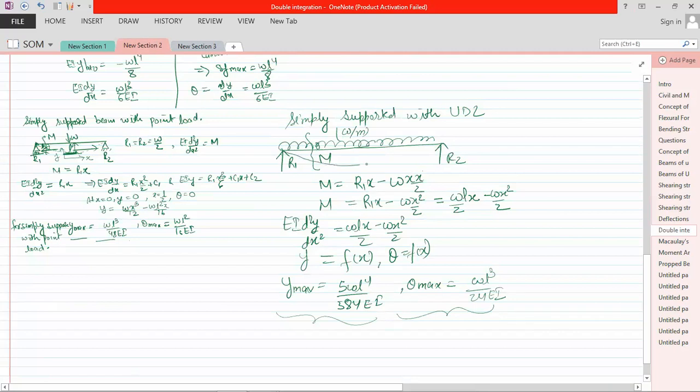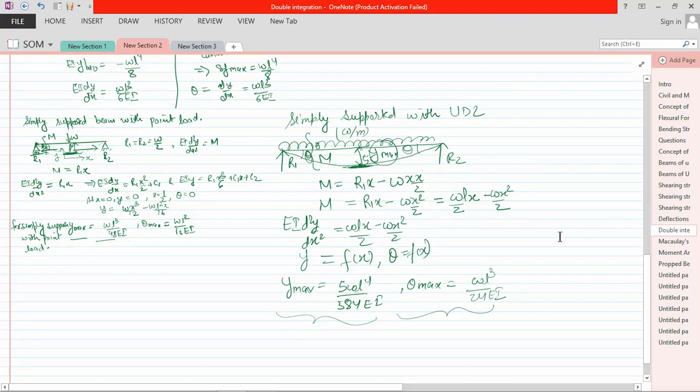The slope is 0 at the center and the maximum slope occurs at the ends. Now you are visualizing what I want to say. So the maximum deflection occurs at the center and the maximum slope at the ends, and for this also the same case.